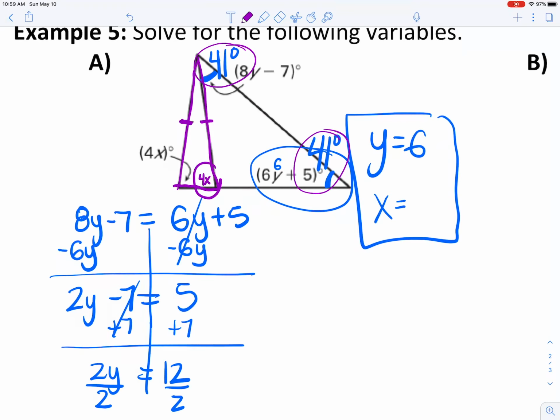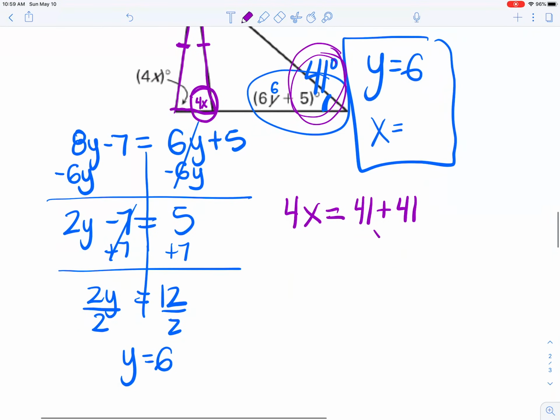If you remember from a previous lesson, we learned the exterior angle theorem that states that this angle, this 4x, is equal to the non-adjacent angles in the other triangle. So 41 plus 41. Okay, 41 plus 41 is 82.